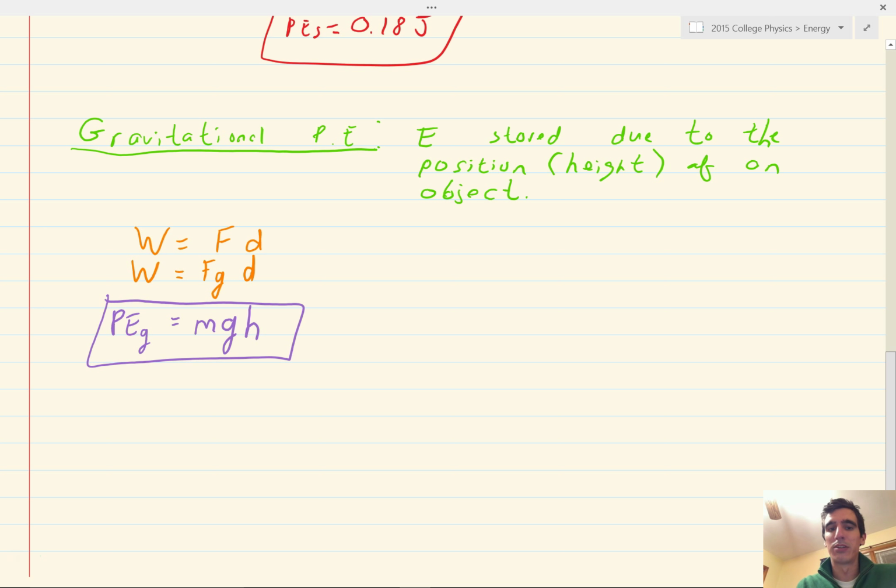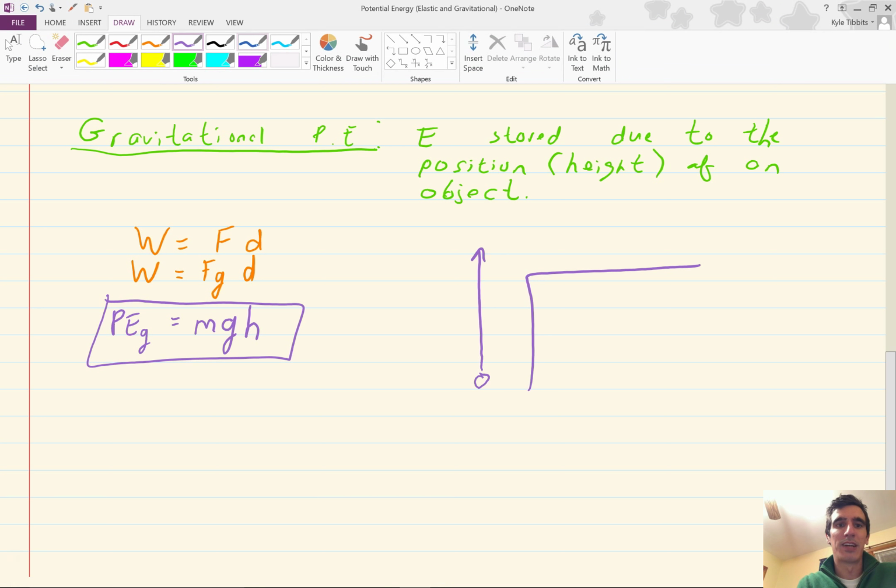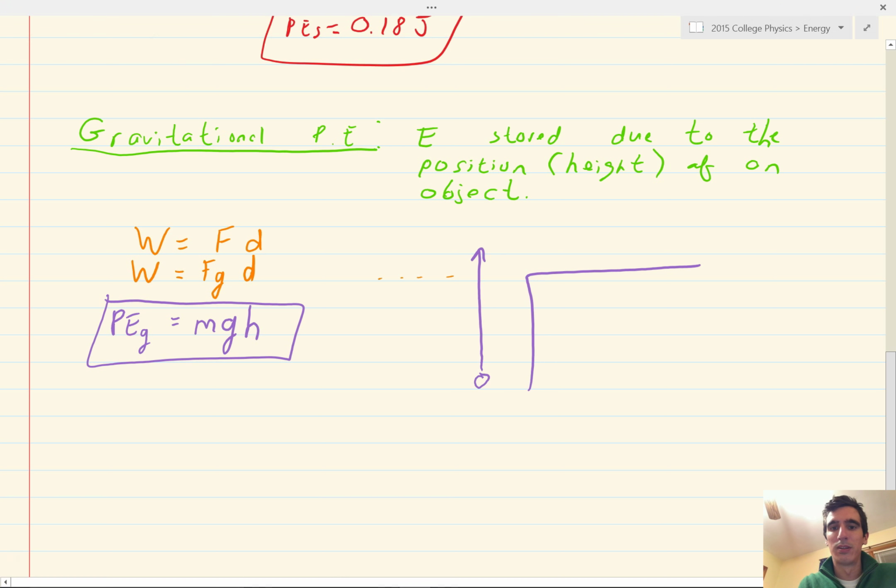Now, it's always relative to the position of the object. So let's say we have a desk or a table, and you want to lift the ball from the bottom up to the top. If you were to let go at the top of it, so it falls to the floor, the potential energy would be based on its change in height from here to here.